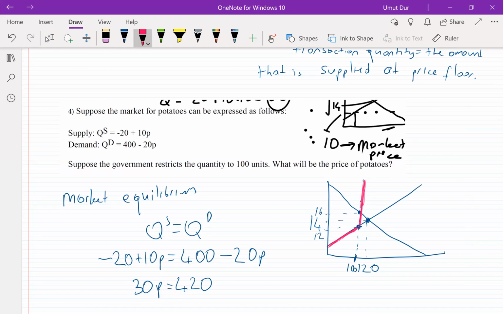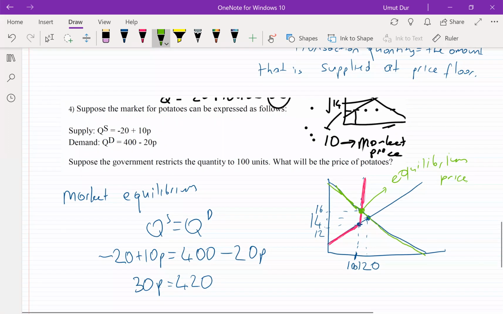Now I will look at the intersection of the supply curve that I get after the intervention, after this restriction, which is upward sloping, then becomes vertical, with the demand curve. Demand is not affected here. Then this will be the equilibrium point, giving us the equilibrium price in the market.